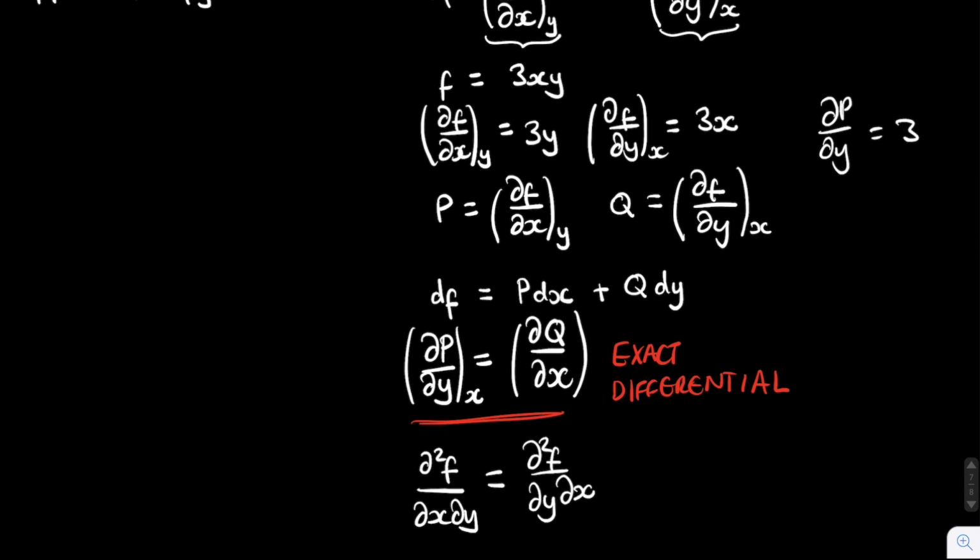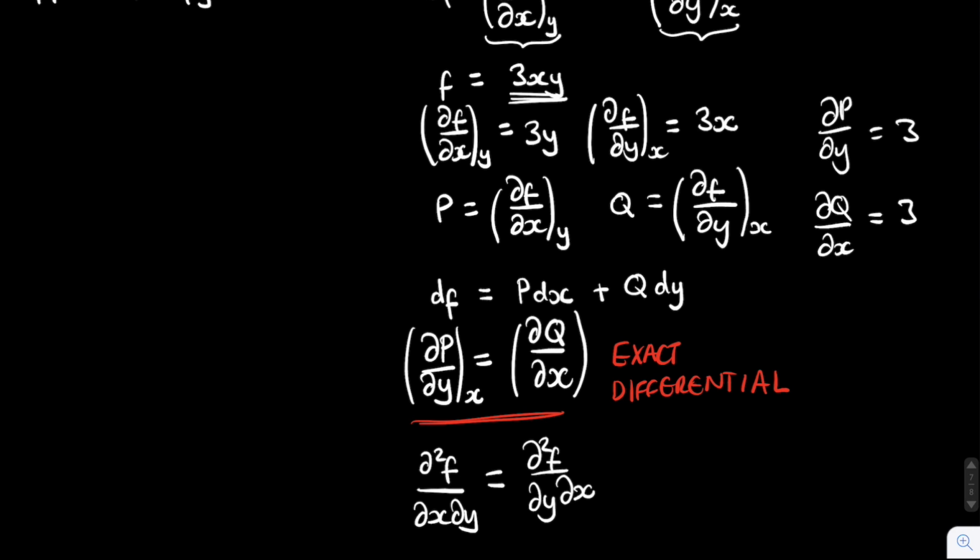We simply take off the y and end up with 3. And you can probably see that dq by dx is also 3. So what have we got? We got dp dy equaling dq by dx, and therefore this f is an exact differential. It satisfies the condition of an exact differential.